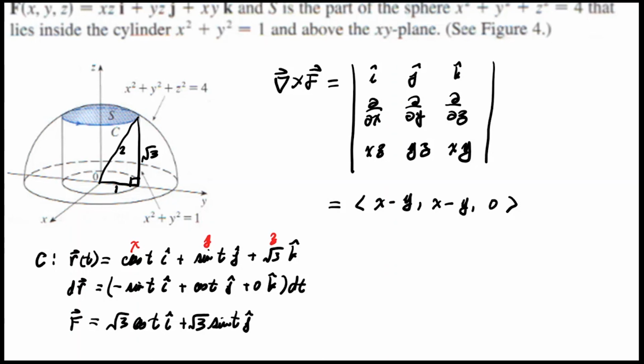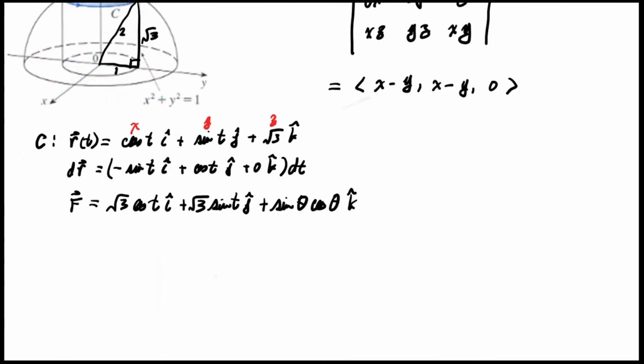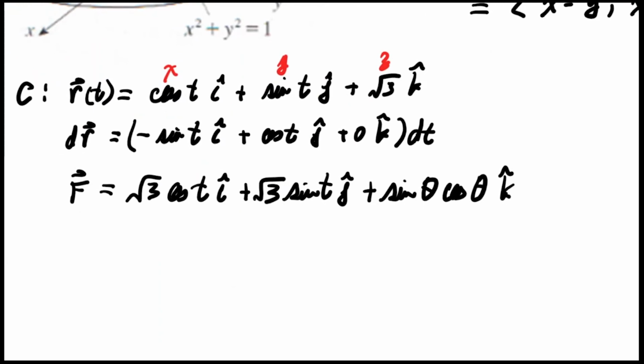Your f is x, oh no, I didn't screw up. Okay, yz, yeah, I'm good. And then xy is these two, so sine t, cosine t. So far with me? Now let's do f dot dr.